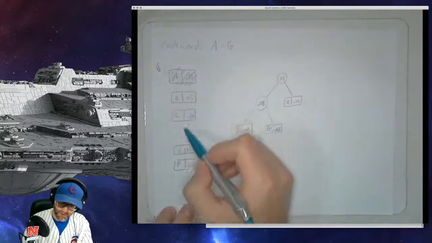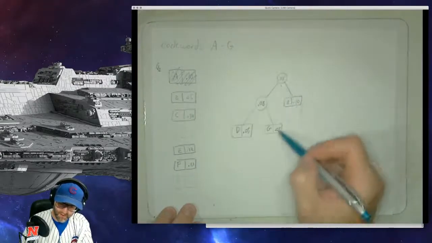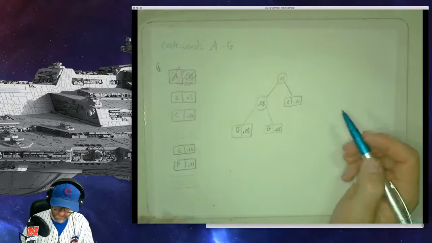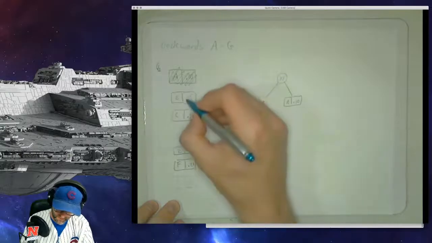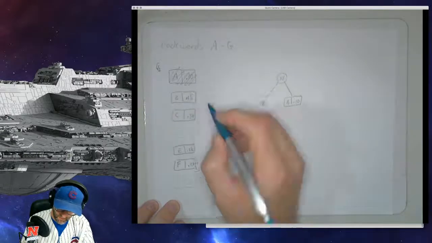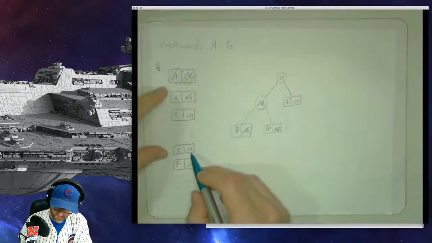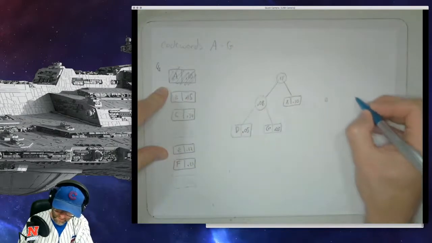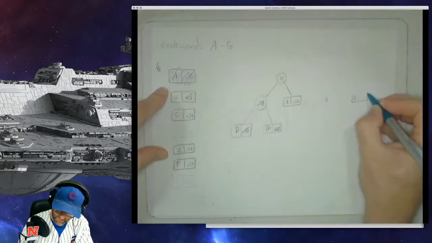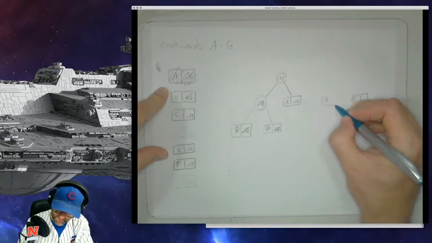So I'm left with 1, 2, 3, 4, 5 trees. Okay? The next 2 that are least weighted are, let's see, this was 0.15 and 0.12. So B and E over here. And I'll go ahead and put B on the right-hand side, E as the left child.